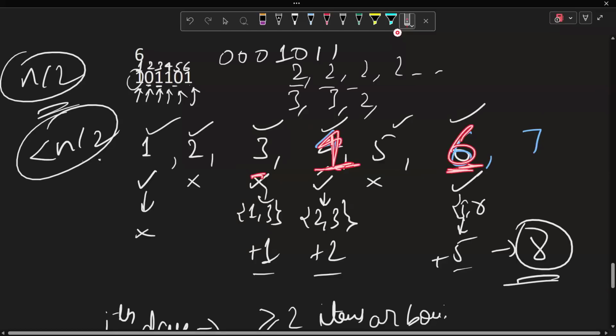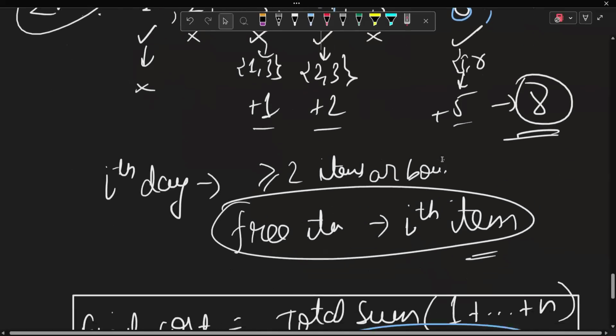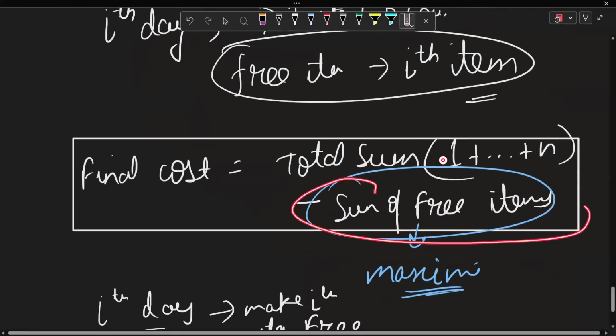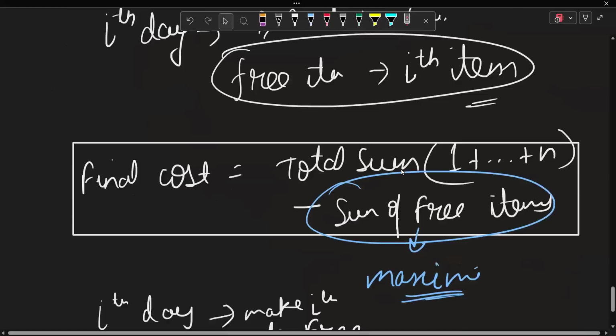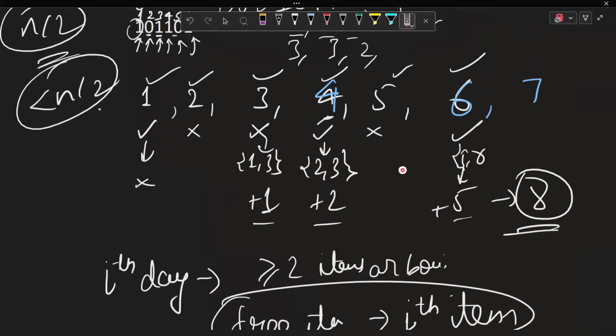Will delta be valid in this case? Say, for example, I'm achieving one difference here. Do differences also come into play? Basically, you need to maximize the sum of items that you are making free. On every day you can make at most one item free.